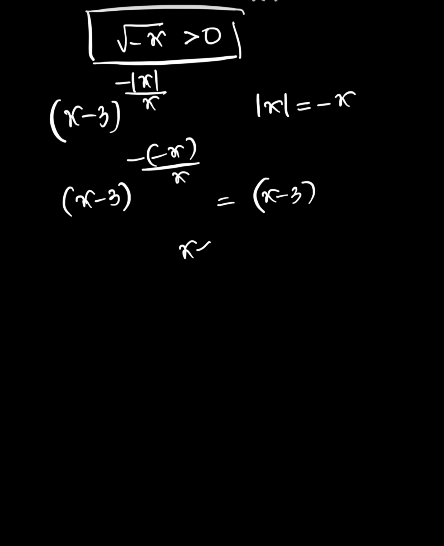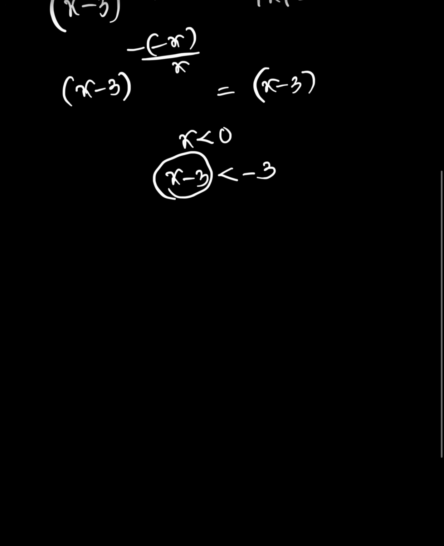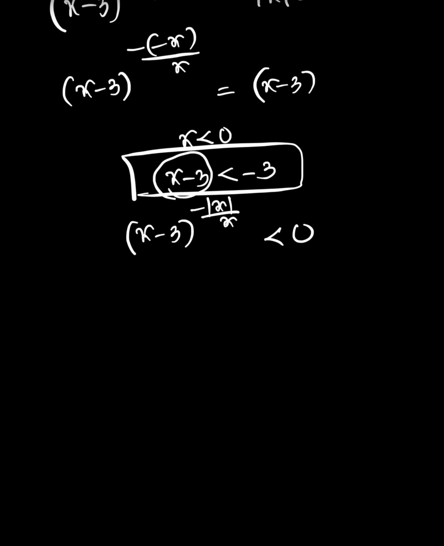Since x is less than 0, x minus 3 is less than minus 3, which means x minus 3 is a negative quantity. So (x minus 3) to the power of minus |x| by x is less than 0.